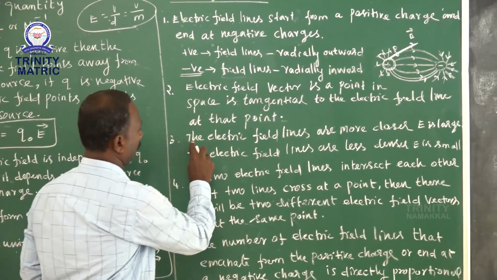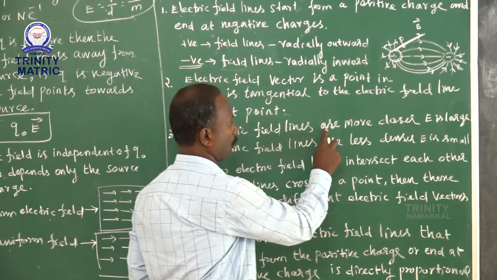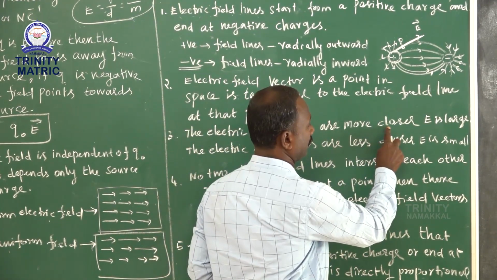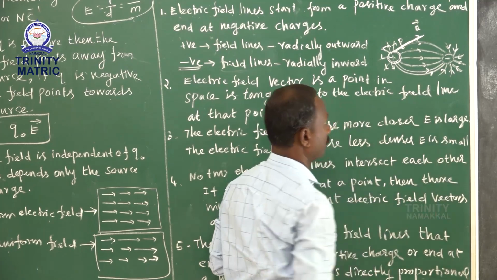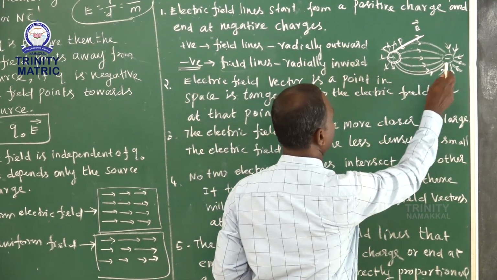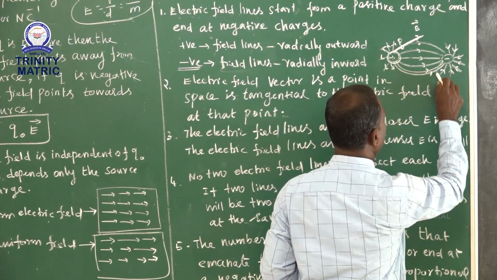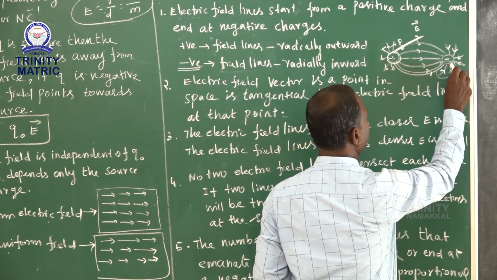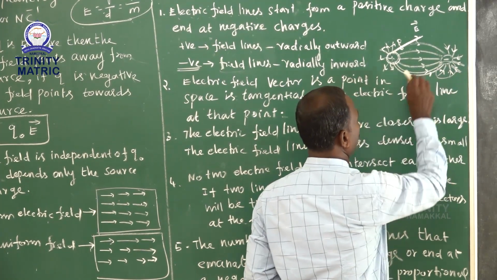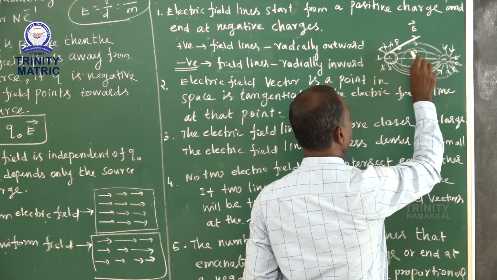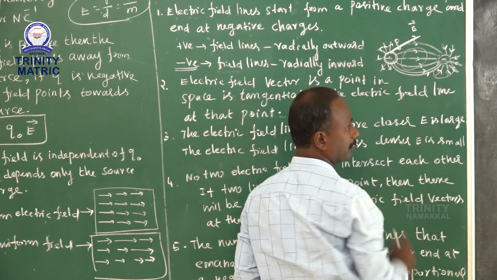Next, where the electric field lines are closer, the electric field is large. See this area, where the electric field lines are very close to each other. In this area, the electric field lines are far apart.